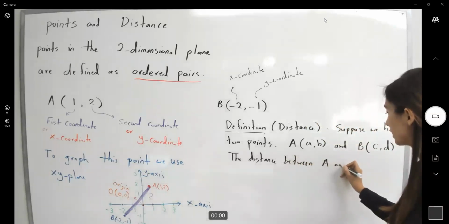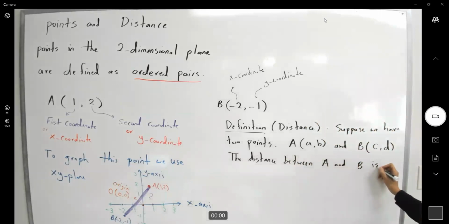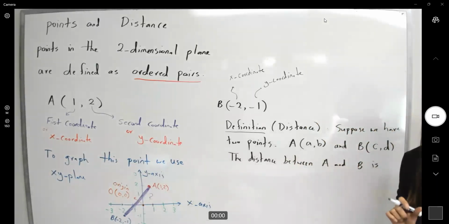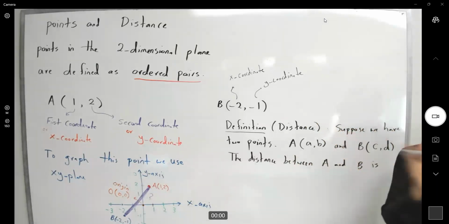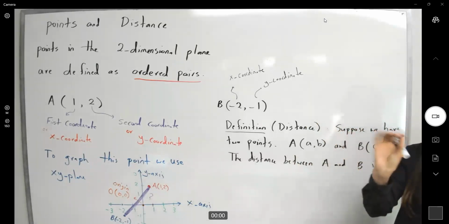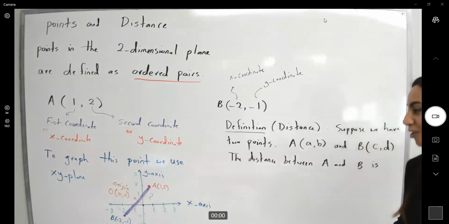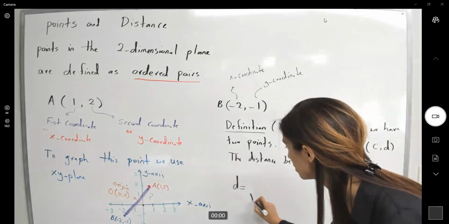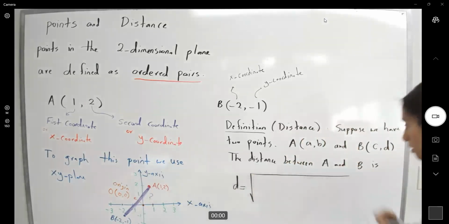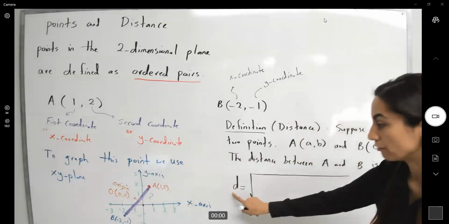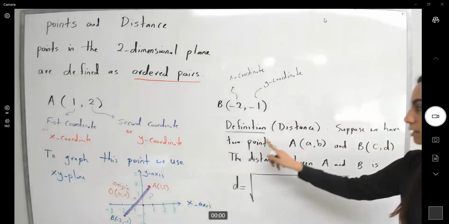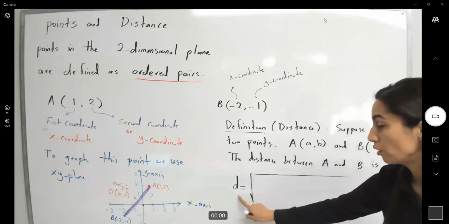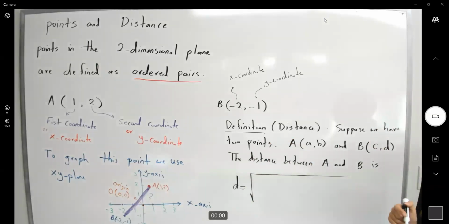A and B is, well, we have to go back to algebra. We're going to do a little bit of computations: subtraction, exponents, and the radical. It's denoted by D, the distance, which is equal to the square root of what?